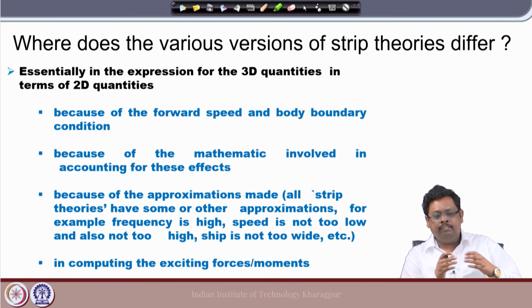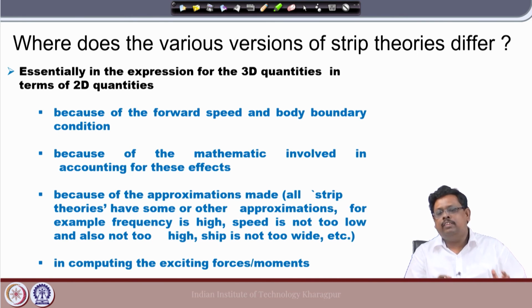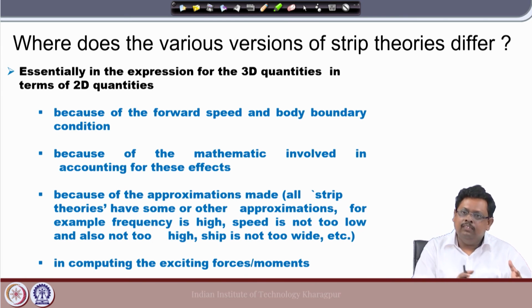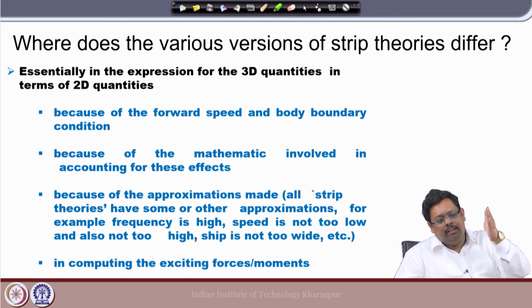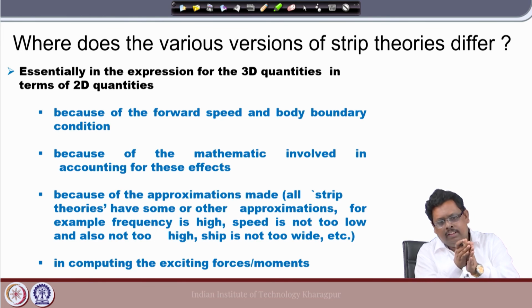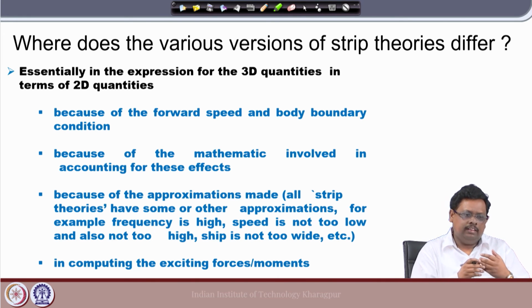This strip theory mostly accounts for high frequency and low speed phenomena. This allows a simplified solution for this problem. Otherwise, if you do not consider these things, then how do we account for the disturbance created by the ship in the longitudinal direction, right? And then how do we deal with the radiated wave?